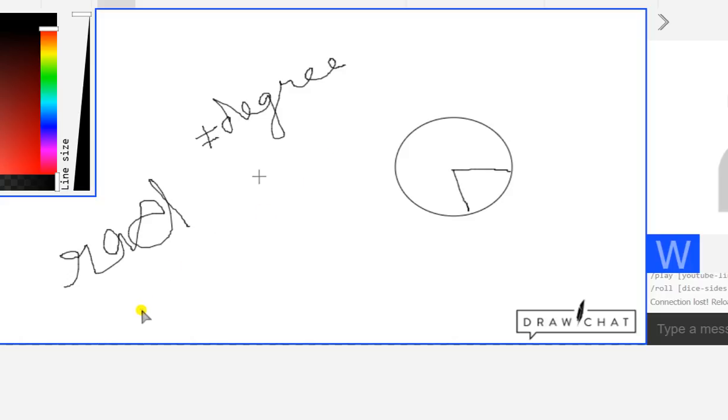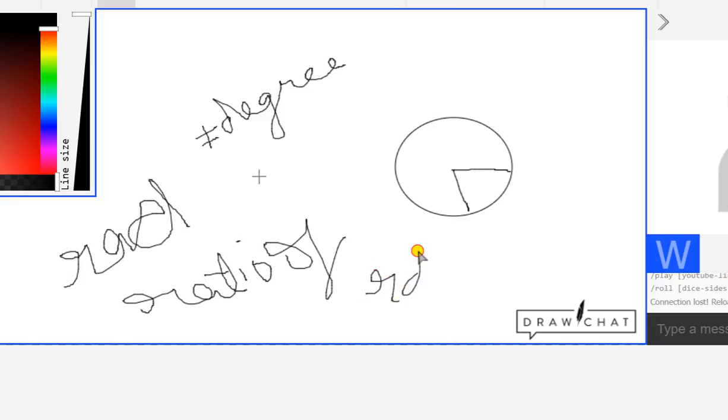It is a ratio of radius and arc length, right? It is a ratio of radius and arc length.